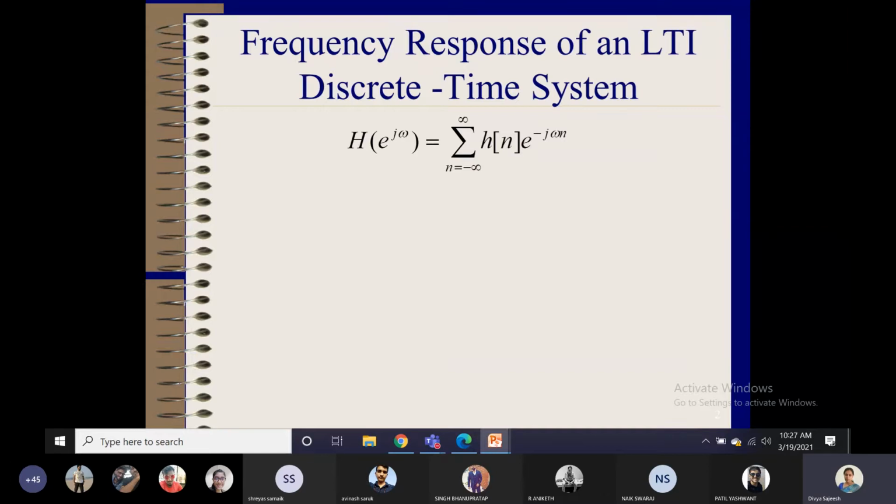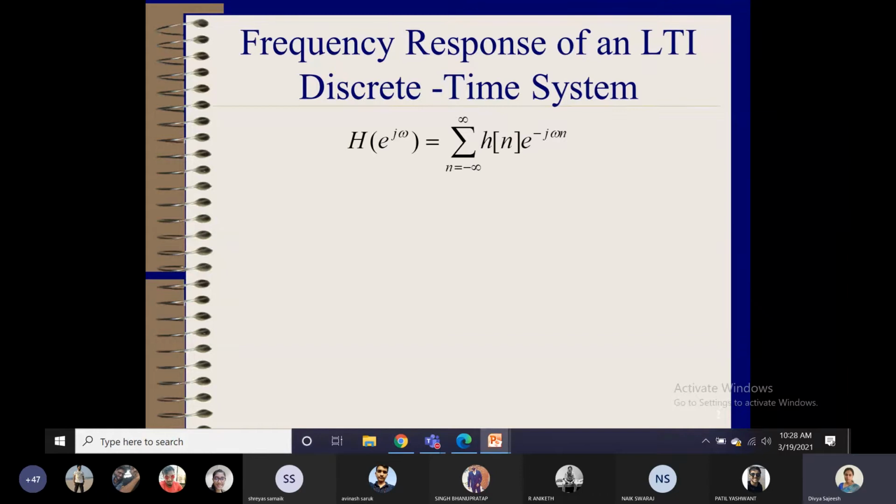Rather, we have to convert them into the frequency domain so that we can analyze the other part of the behavior of the system, like for particular frequencies, whether the system is going to behave differently, whether it is going to stop signals after certain frequency, whether it is going to allow the signals after certain frequency.